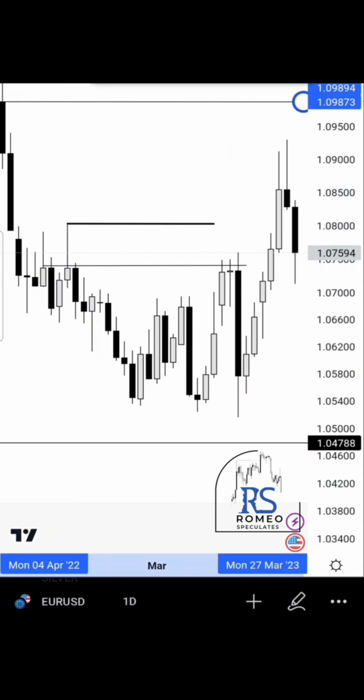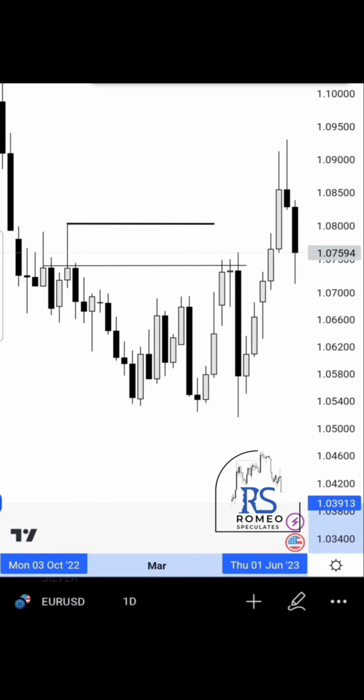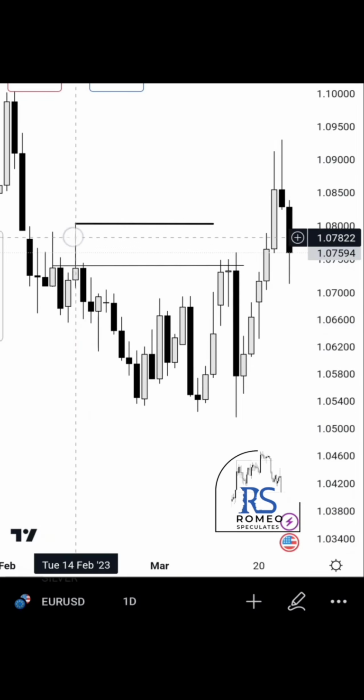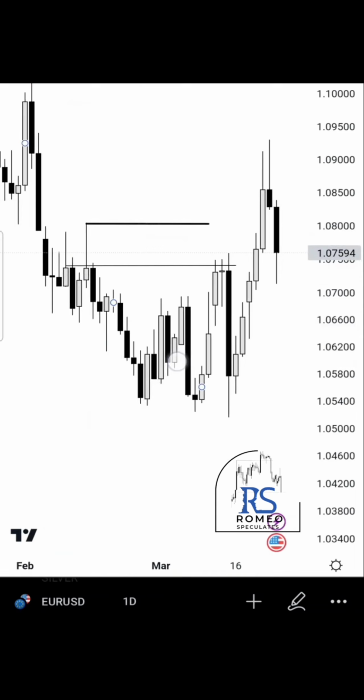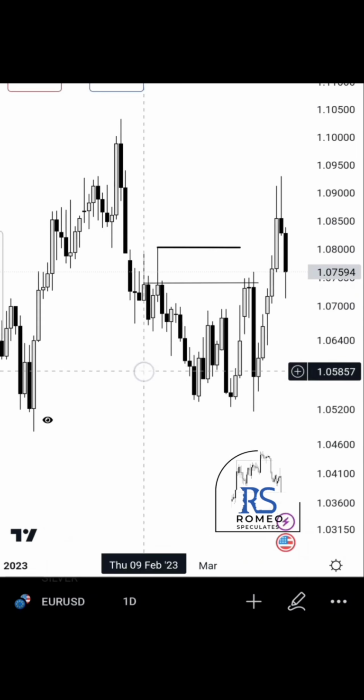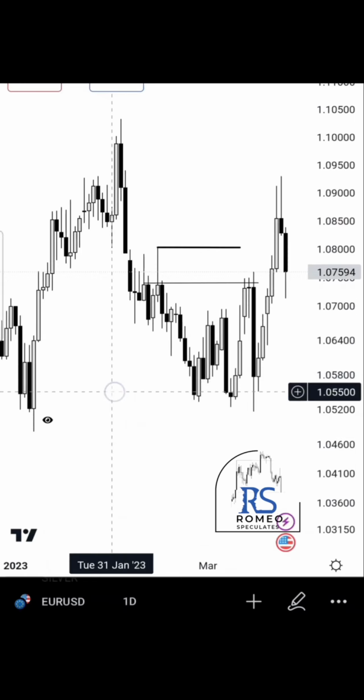Let's remove everything else. Remove, and remove. That's the 20-day level over here in black, right? We count back a bit more. We go 21, 22, 23, 24, 25, 26, 27, 28, 29, 30.